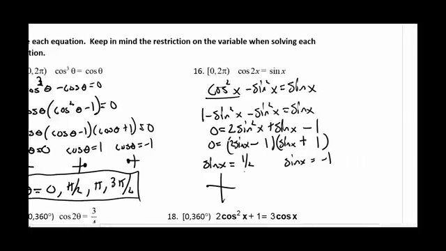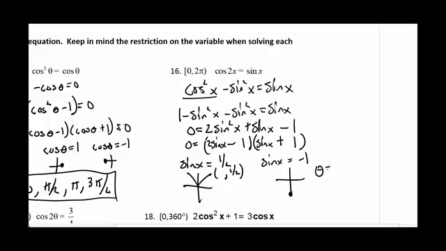As far as the half goes, it's got to be the first and the second quadrants. And as far as the negative 1 goes, the only place where it's negative 1 is down there. So the angles I am looking at would be pi sixth, 5 pi over 6, and 3 pi halves.